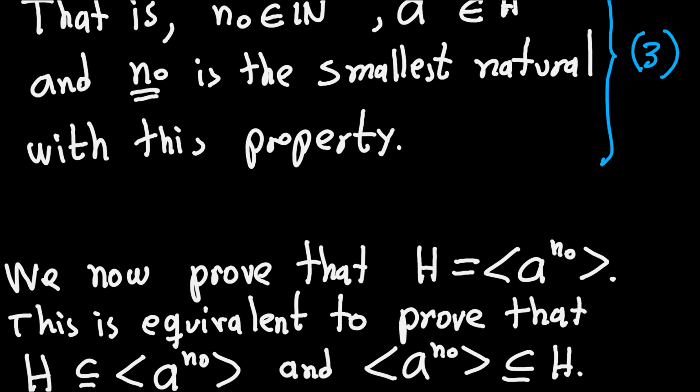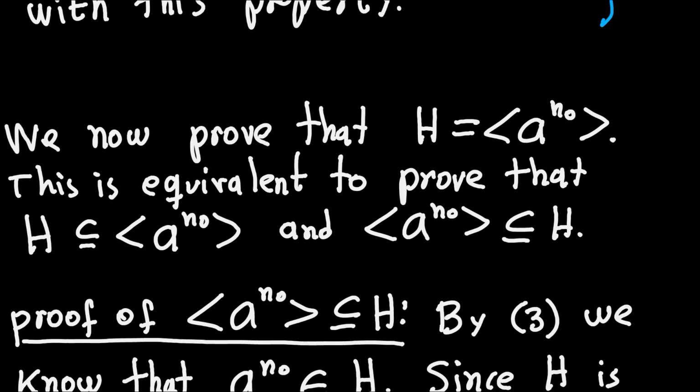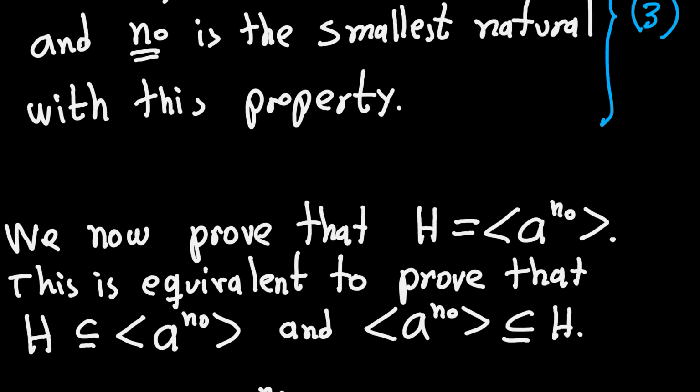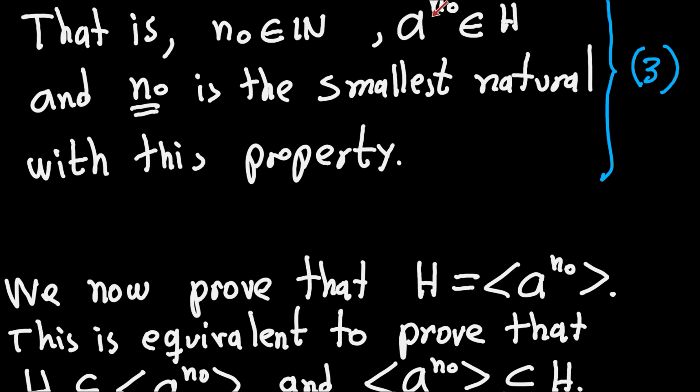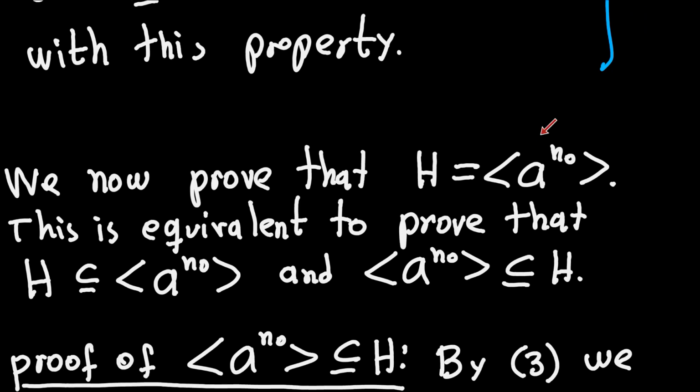So now that will be the exponent that is the candidate for the generator. What do I mean by that? So now we're going to prove that H is generated by a to the n naught, with n naught being the one that came using the well-ordering principle here. So we have to prove that H is equal to this. If we are able to prove this here, that means that H is cyclic, which is exactly what we want to do.